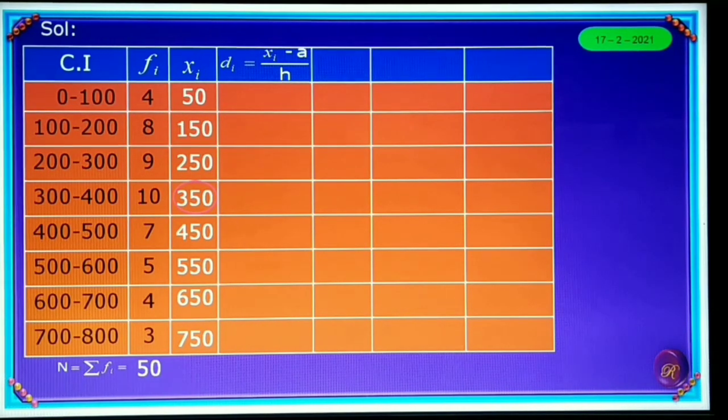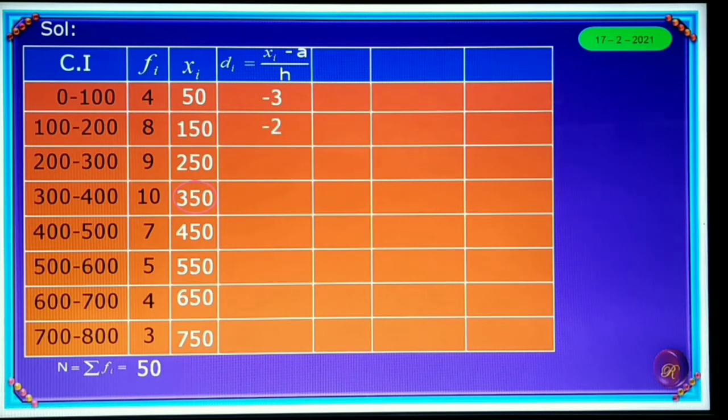Therefore, (50 minus 350) divided by 100, that is minus 3. (150 minus 350) divided by 100, that is minus 2.